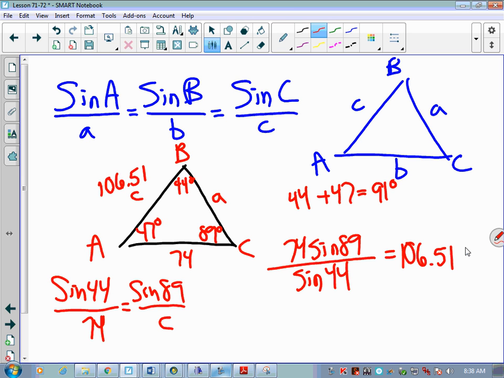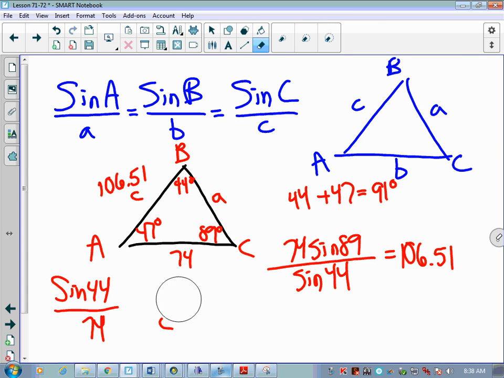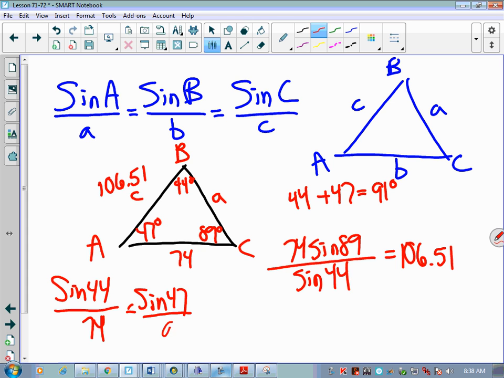I don't want to use found information to set up the next proportion, right? I don't want to use 106.51 and 89, because I had to find both of those things. So I'm less certain about those than I am about sine 44 over 74. Does that make sense? So all I really need to change to do the next part is the proportion over here. I'm going to keep this other, and we're going to do sine 47 over A.